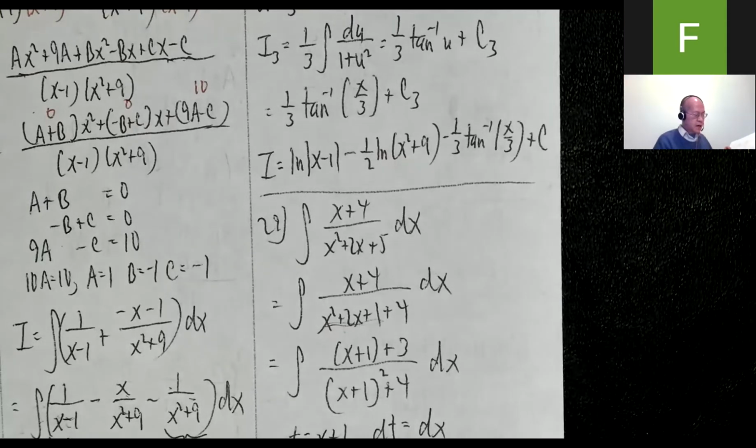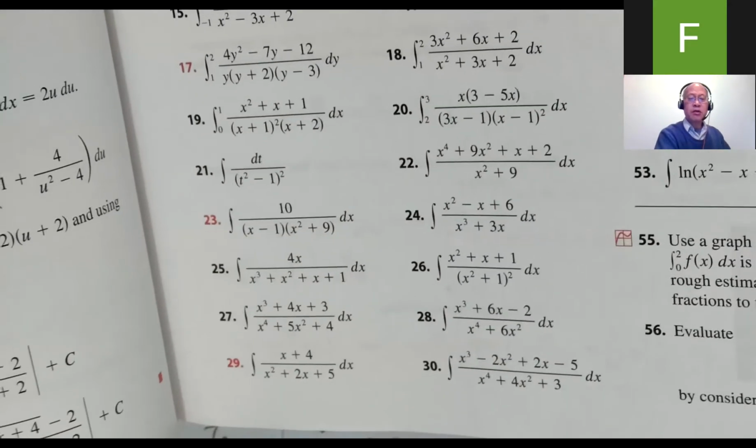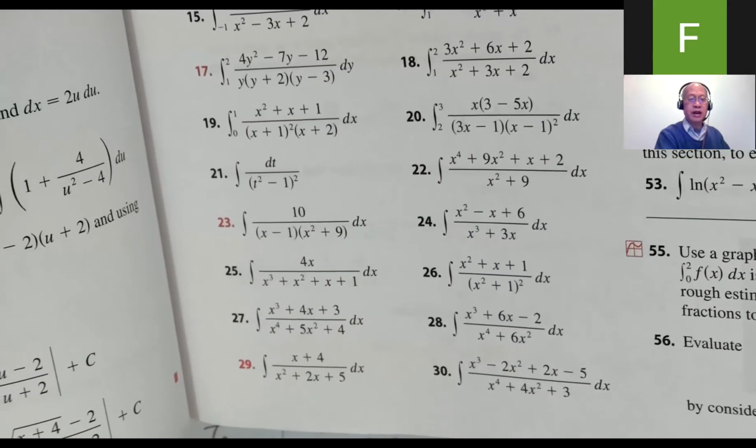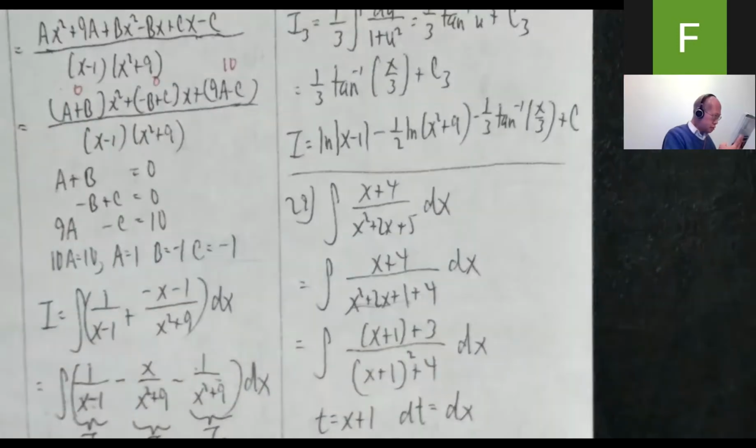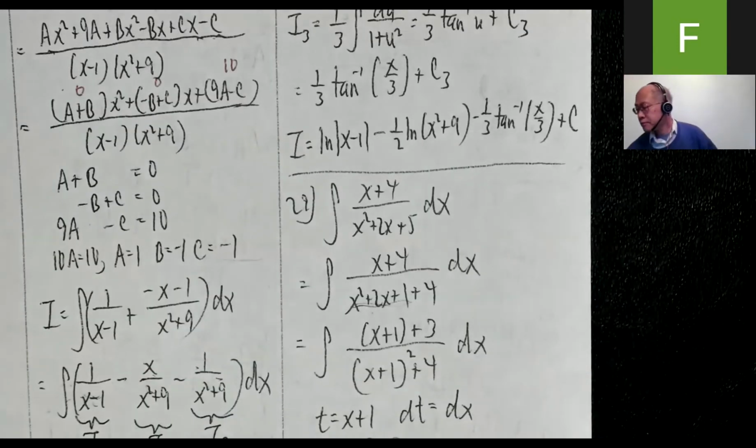Okay, 29. It's a little bit different. It's x plus 4 over x squared plus 2x plus 5. It's a little bit trickier. And let's see.